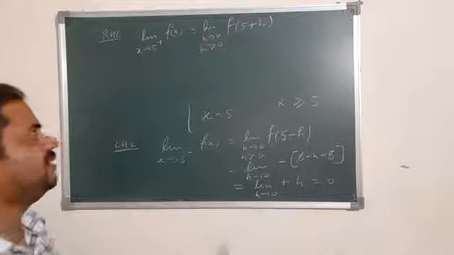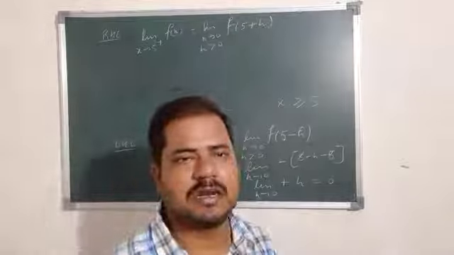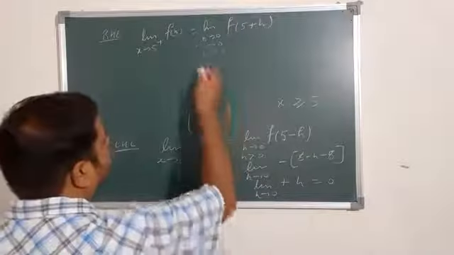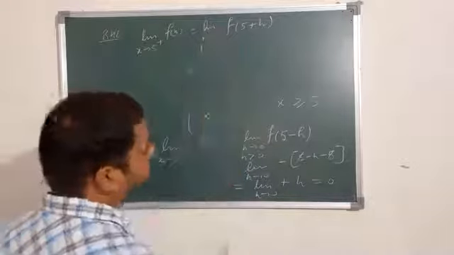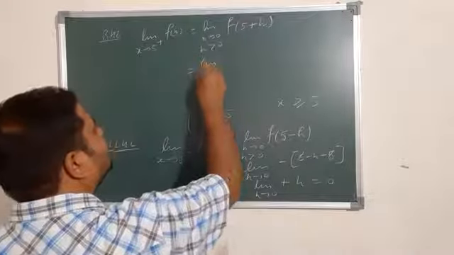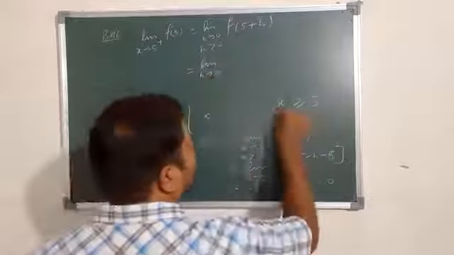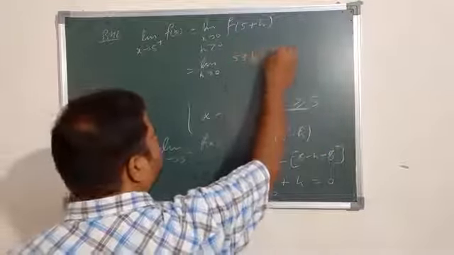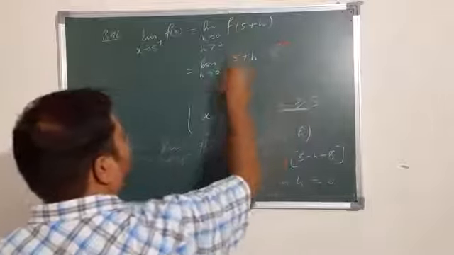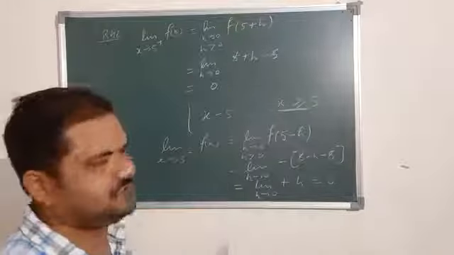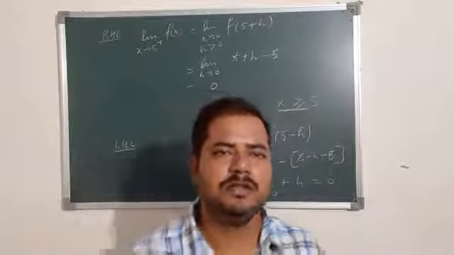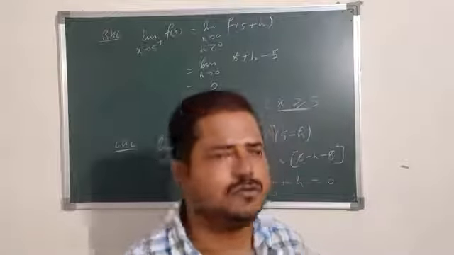The quantity 5 plus h is greater than 5. So if it is greater than 5, we have limit h tends to 0, and for greater than 5, the function is defined as x minus 5. So 5 plus h minus 5, this is cancelled out, this is also 0. So you see LHL and RHL, these values are equal to 0.